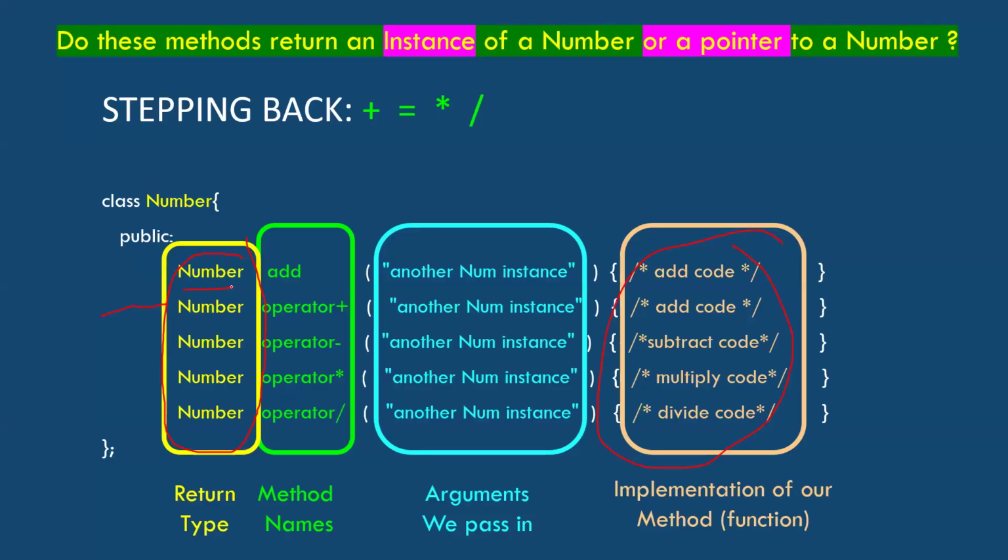So in the big question of do I get an instance or a pointer, if you're not seeing a star over here, we're not returning a pointer to a number. We're just returning the number. Most of us are probably comfortable with that, but I'm going to reinforce that as we go along. So there's no star in the type.